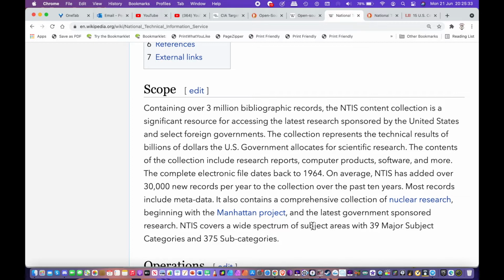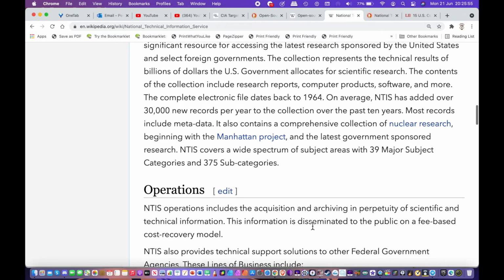The collection represents the technical results of billions of dollars the US government allocates for scientific research. The contents of the collection include research reports, computer products, software, and more. Bloody hell.